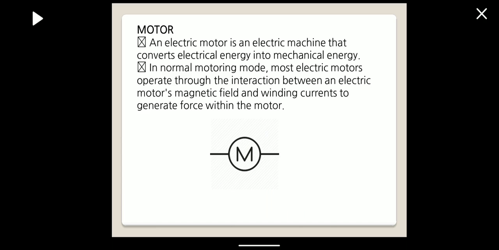In normal operating mode, most electrical motors operate through the interaction between the motor's magnetic field and winding current to generate force within the motor. So this is the symbol for the motor.